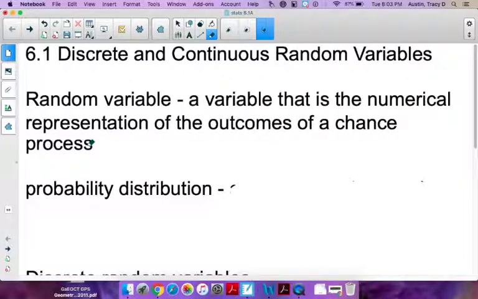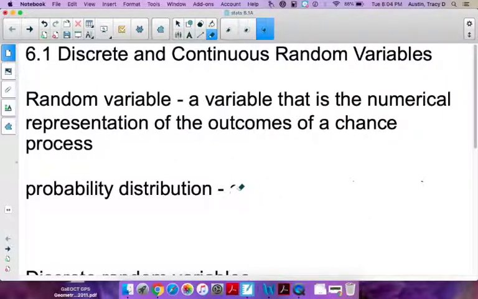Let's say like flipping a coin, right? And you are defining flipping a coin and getting heads, sort of like we defined probability variables in the last chapter, where you have to state that X represents flipping a coin and getting heads. So that's a random variable, and it's a numeric representation of that, so you can actually give it a number answer.